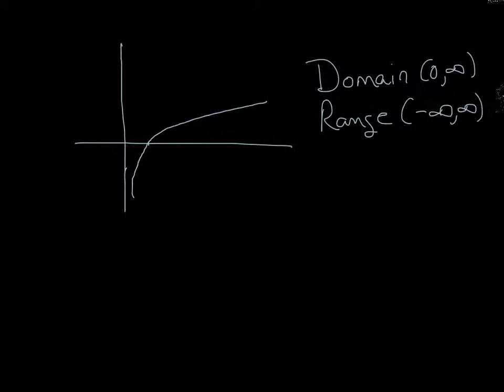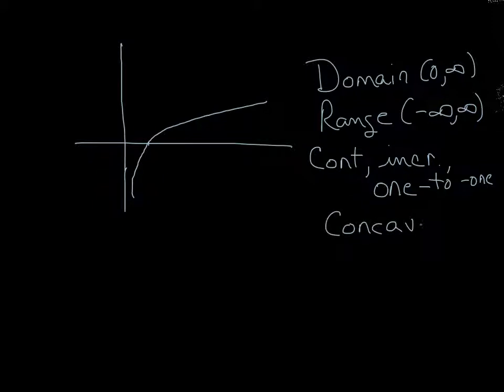This is a continuous function. It is an increasing function. And it is a one-to-one function, which means it has an inverse function. And it is concave down. So those are just some things that we can observe about the graph of y equals the natural log of x.